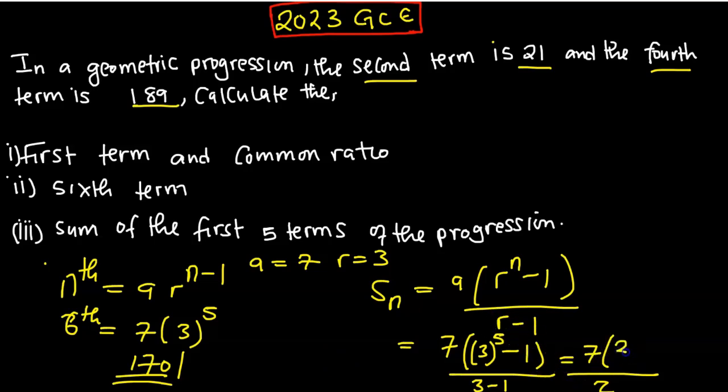So 242 multiply 7 is giving me 1694. Divide 2, it is giving me 847. So the whole of this has given me 847.